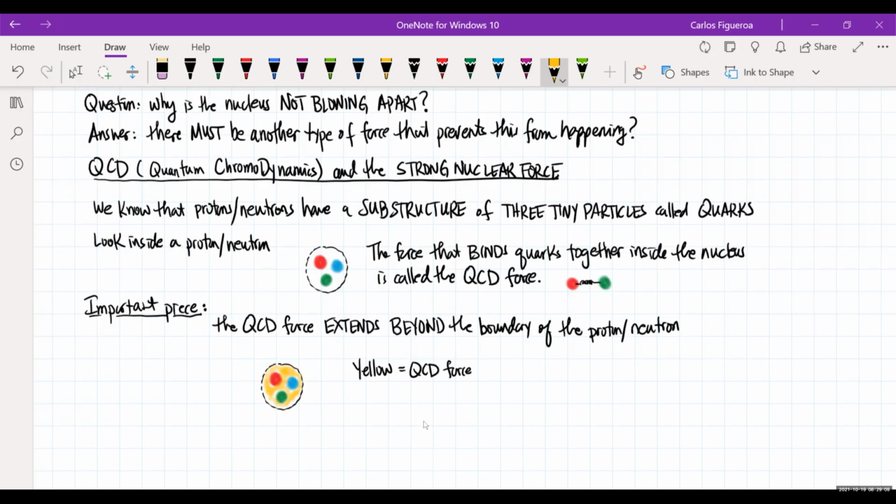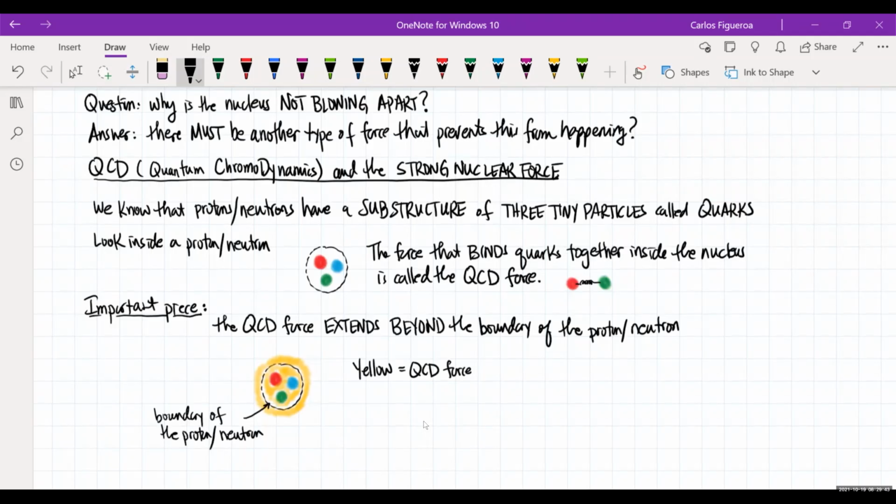But it leaks out. So there's a little residual that goes beyond the border of the proton and neutron. What I'm saying here is that this black line represents the boundary of the proton or neutron.